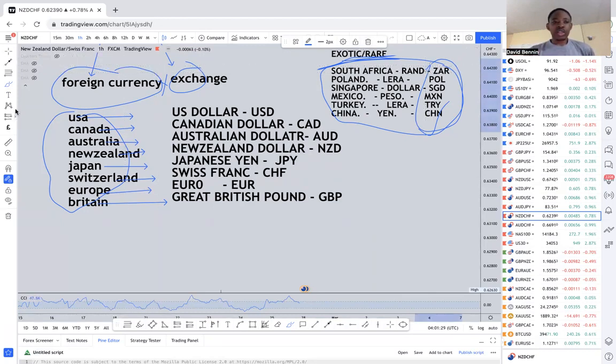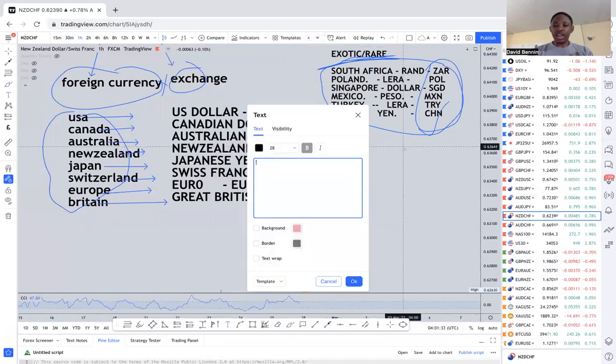These currencies are traded in pairs. What it means is that the exotic currency is paired with the US dollar. So you have USD ZAR, representing the US dollar and the South African rand. You have USD POL, representing the US dollar and the Polish lira.